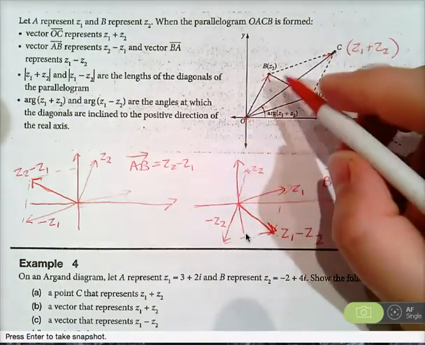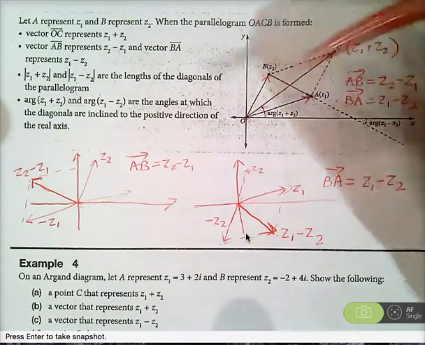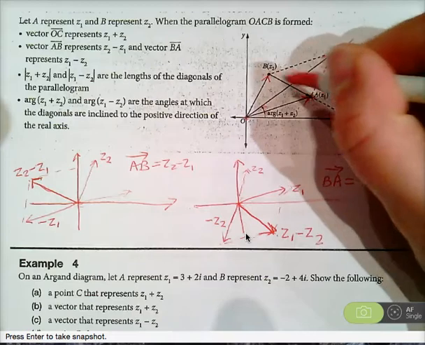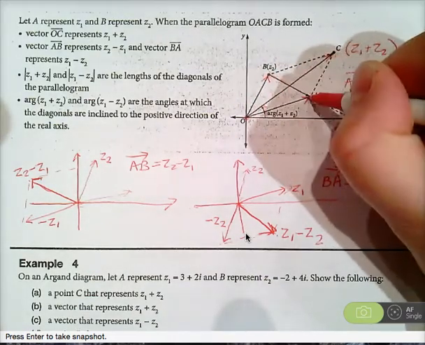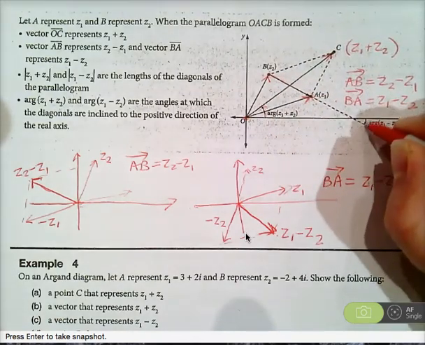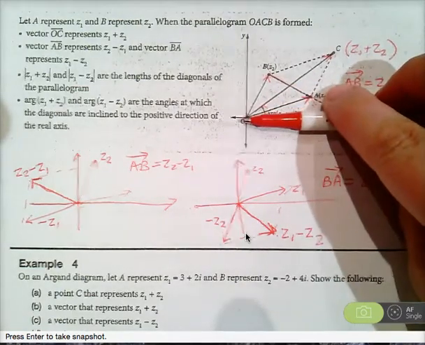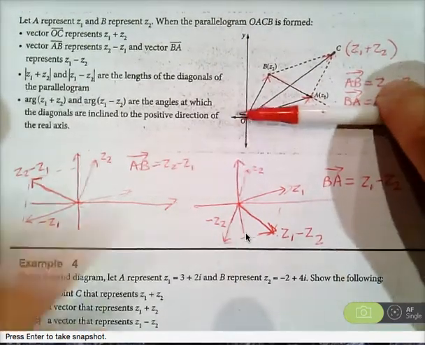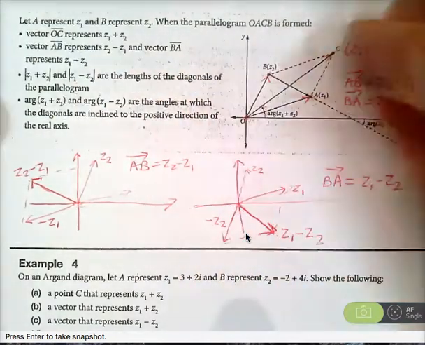And this one up here, see this is the other, Z1 minus Z2. If you bring this down, remember the angle that it's inclined with the positive direction, with the real axis, remember arguments go from 0 to pi, or from 0 to minus pi. So this is the argument for Z1 minus Z2.